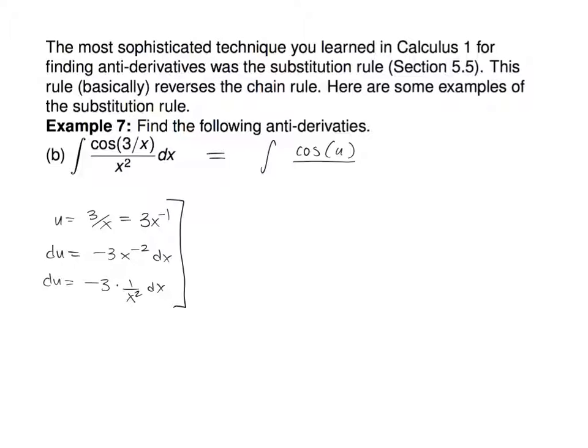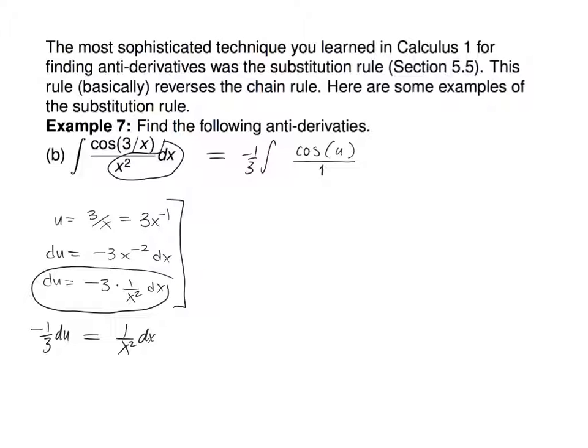So the 3 over x gets replaced by u. This is like dx over x squared. I have this bit, so if I take negative 1/3 du, that will equal 1 over x squared dx. So I'm just going to take the negative 1/3 out in front. There's no more x, right?